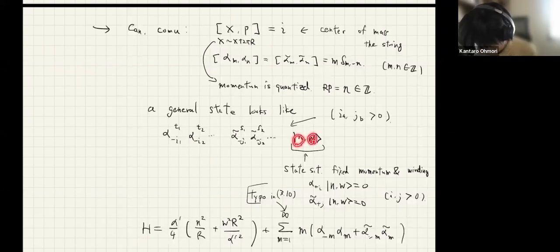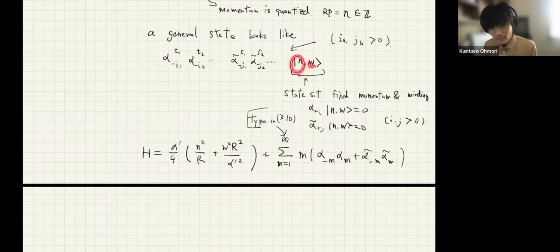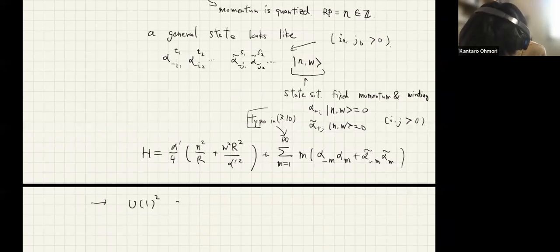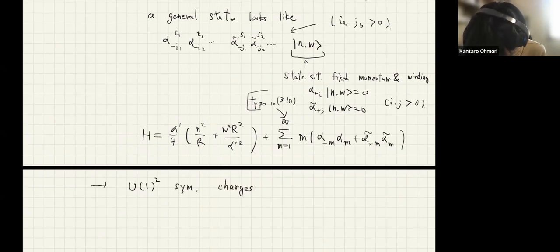Both are integers. So we have U(1) squared symmetry, whose charges are n and w.